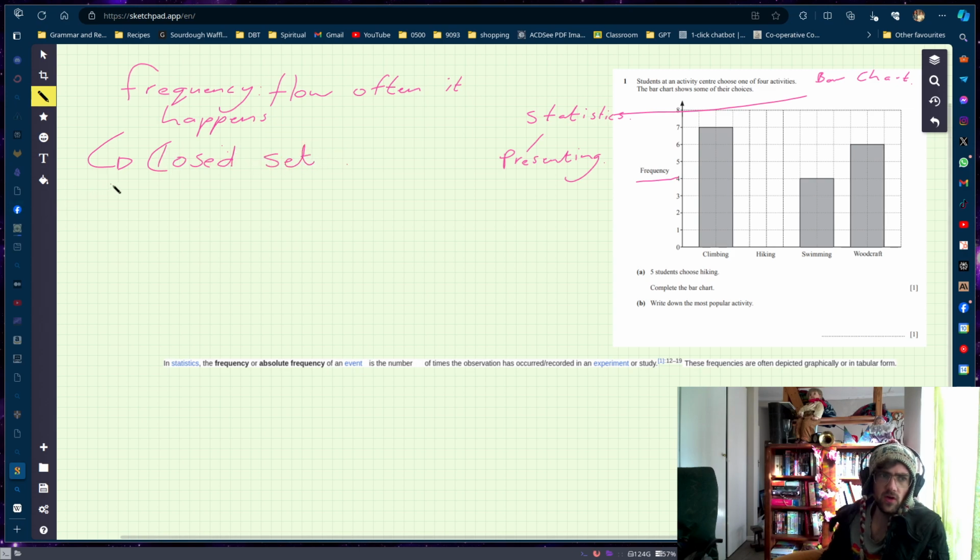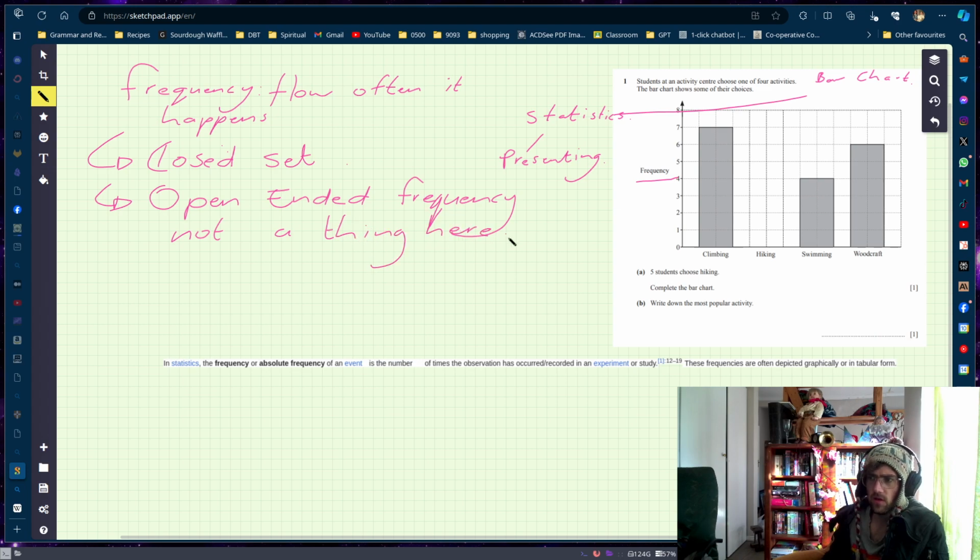So we don't have an open-ended frequency. Even if we're looking at the amount of people in the world who do this thing, there are a finite number of people.